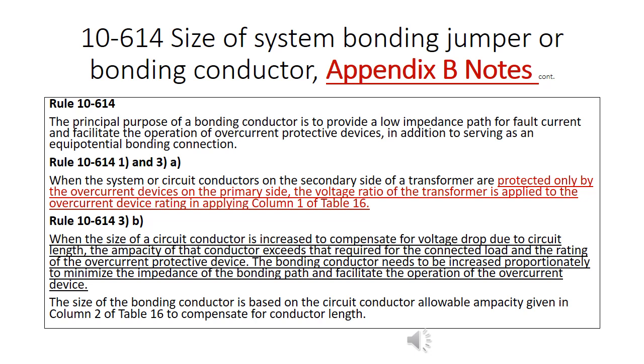Well, all you do is you divide the primary into the secondary. So 600 divided by 208, and you come up with 2.88. That is a very important number to remember, and we will be using that number, 2.88, in a few minutes.